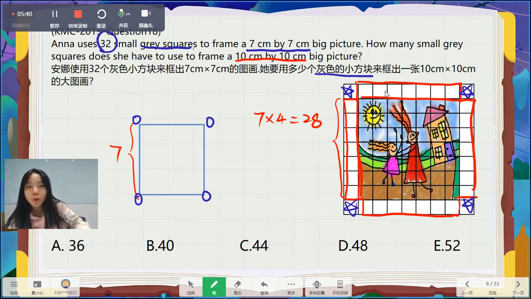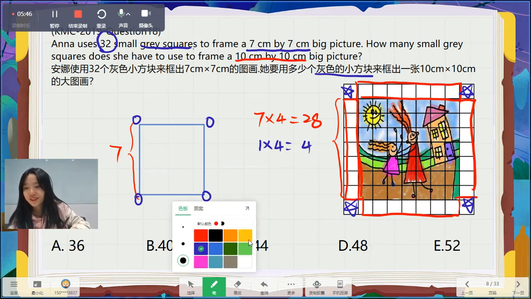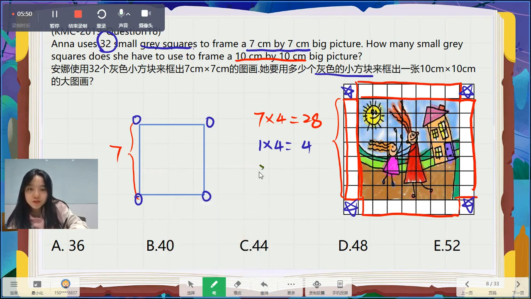It has 1 square on each corner, so there are still 4 more squares needed. Add them together, 28 plus 4 equals 32. The question told us Anna used 32 to frame such a picture, that means our method is correct.